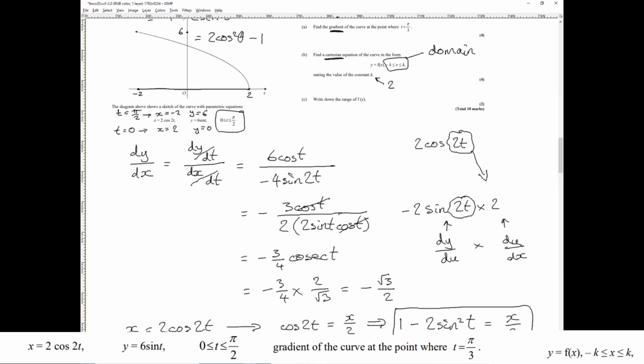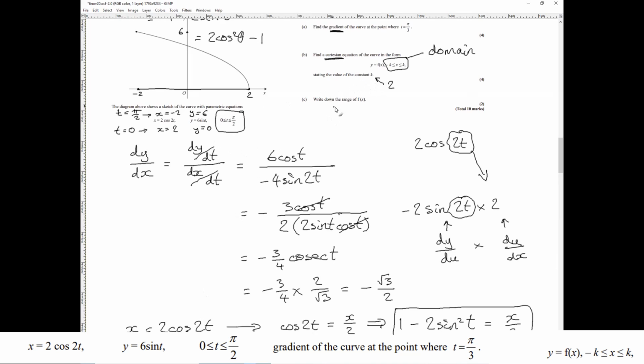So in this case, it's -2 and 2. That section of the x-axis which supplies inputs to the function. So the range, is it the outputs of a function? Yes. So it'll be a section of the y-axis which supplies the outputs. Would this be 0 and 6?